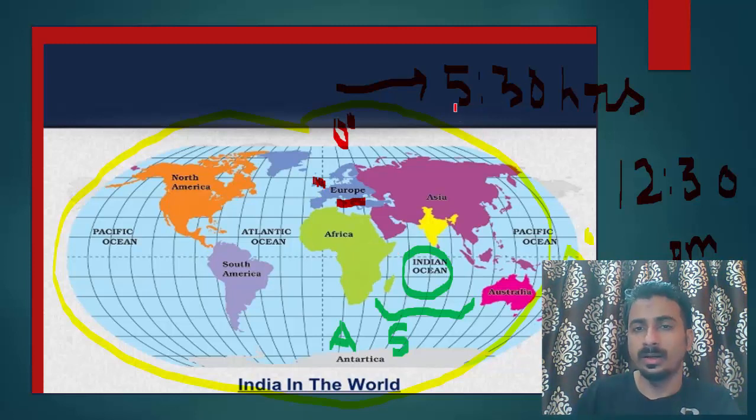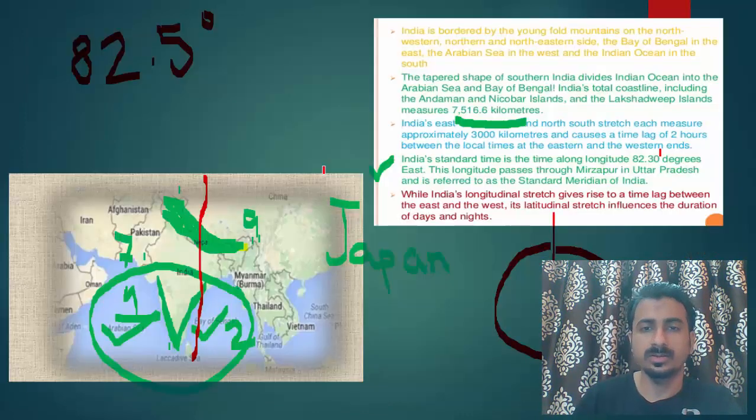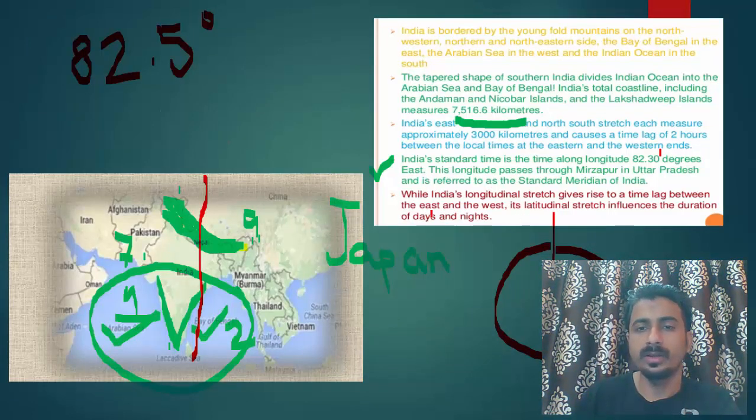You can subtract 5.5 hours, so it will come out to be 7 a.m. or p.m.? a.m. because we are going back. Now you understood about the GMT concept. I will tell you how to calculate it in the next class. Okay, now we have read about our Indian Standard Time, Mirzapur. So 82.5 degree east.